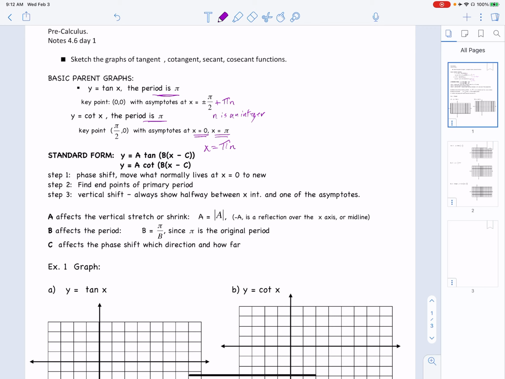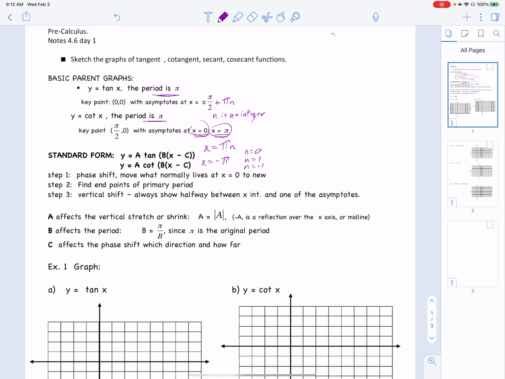If n was 0, that would give me x equals 0, this first one. If n is 1, that would get me the second one, x equals pi. If n is negative 1, I would get x equals negative pi as one of those asymptotes. And so these asymptotes are pi units apart, but they're in different spots for tangent and cotangent.